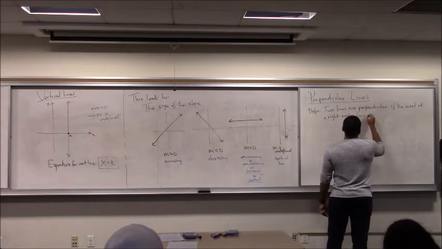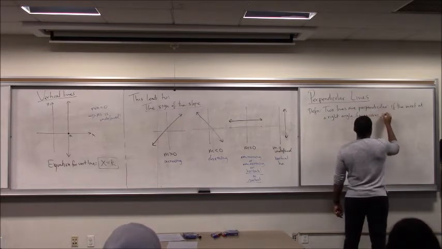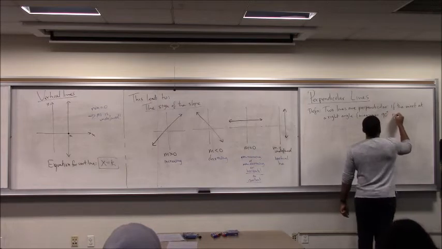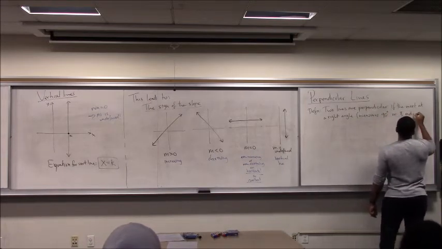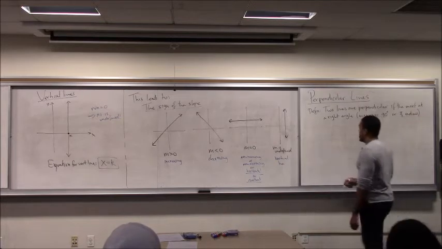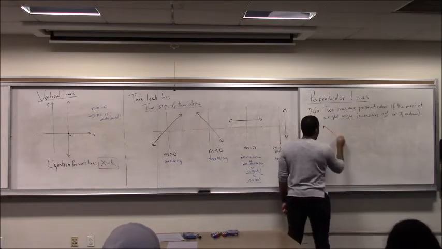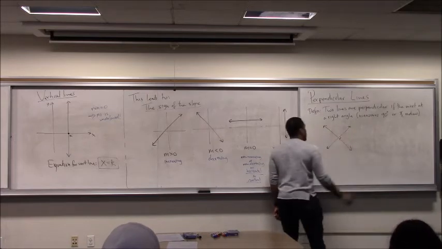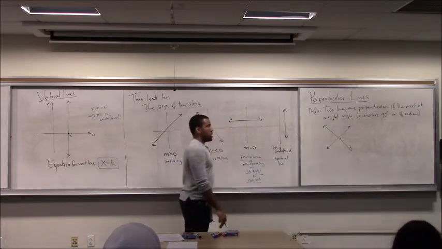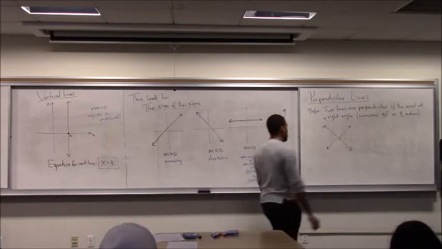A right angle is just one that measures 90 degrees, or π/2 radians. So once you have your two lines, and they meet at a right angle, we define those to be perpendicular lines. That is the name we give to them.